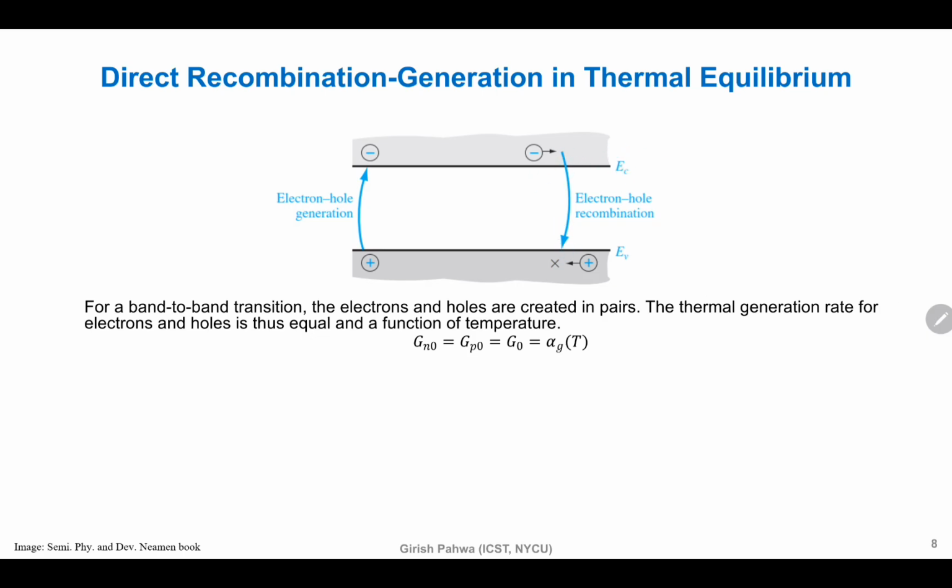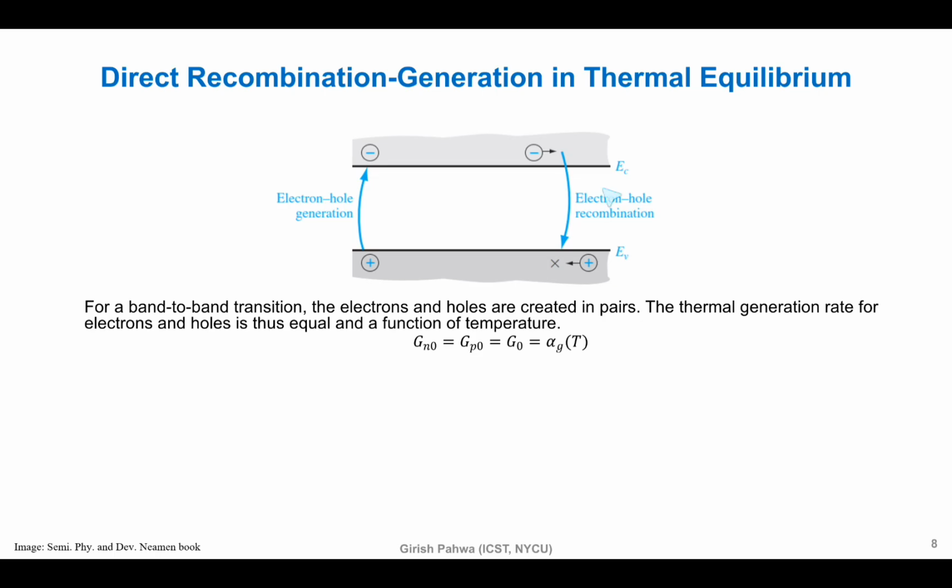What is the number of electrons available here? That is given by the concentration of electrons. And the number of empty states available here is given by the concentration of holes, the vacant states. So this rate is proportional to the product of electron concentration and hole concentration. Because we are in equilibrium, it is proportional to the equilibrium electron and hole concentrations.